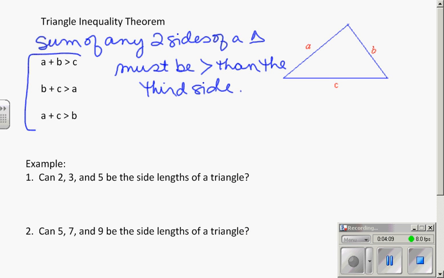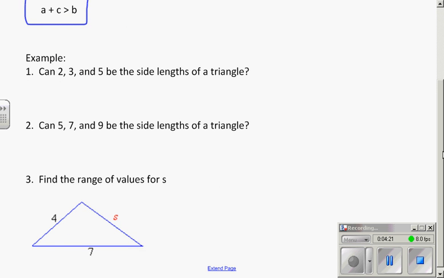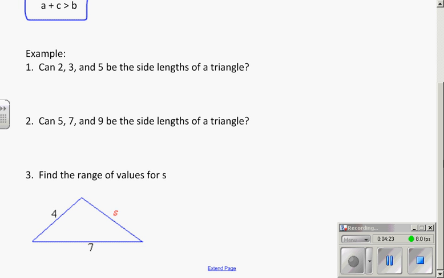So this really results in three inequalities that must be true in order for a triangle to be formed. So we go through the process of looking at those three inequalities. If one of them is false, a triangle cannot be formed.